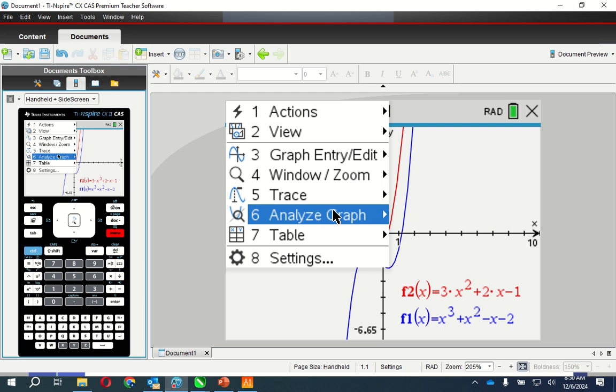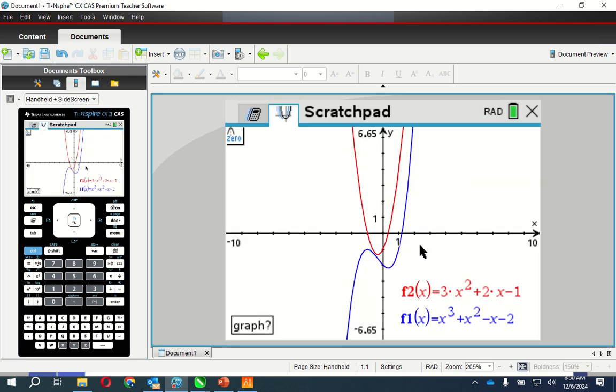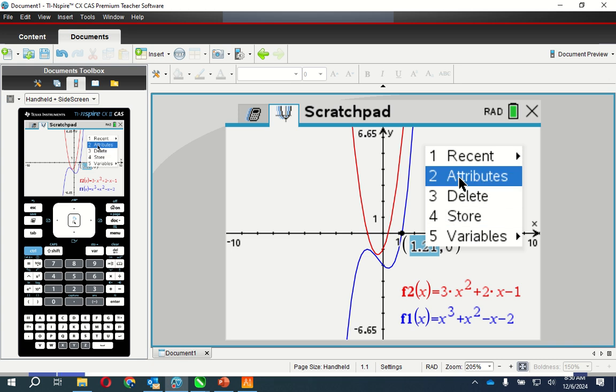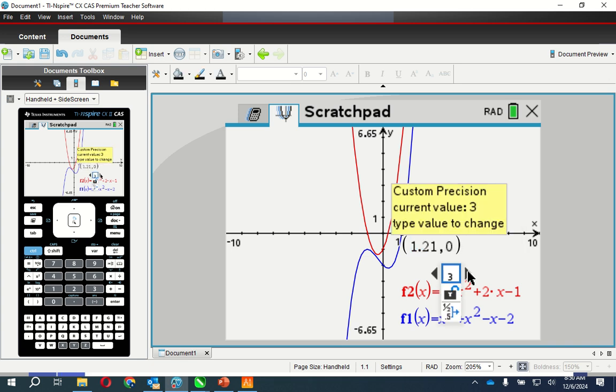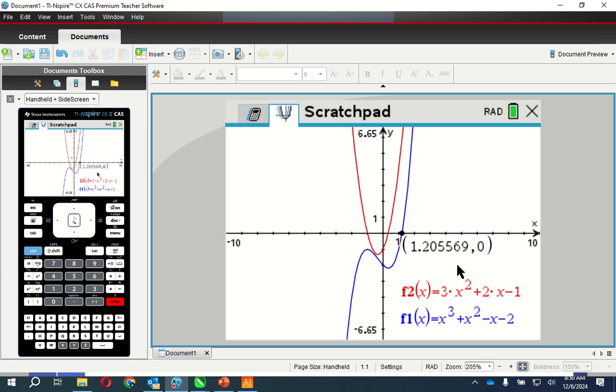Menu, analyze graph, 0. I want on this one, in between here and here. So what we're actually doing is using Newton's method. We're finding the 0, which we could have just used the calculator and spent the last 45 minutes working on this one problem.